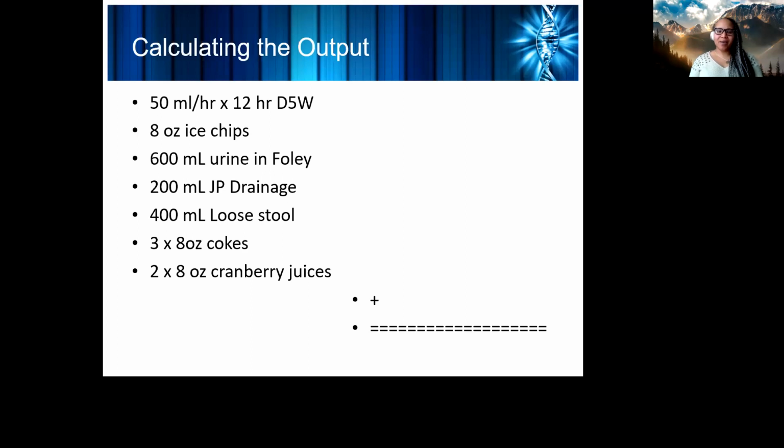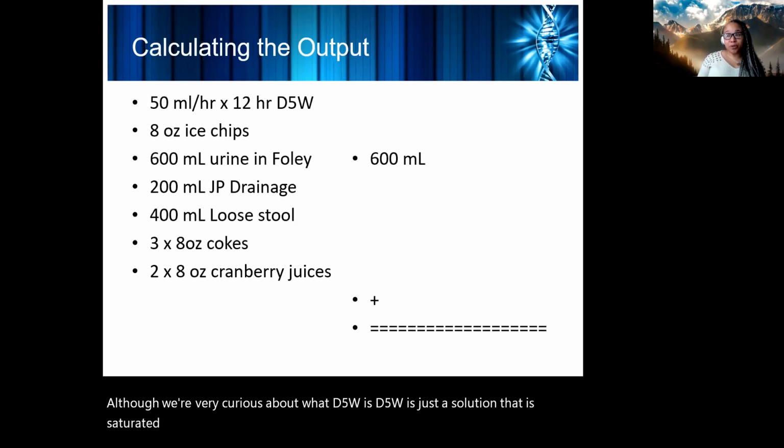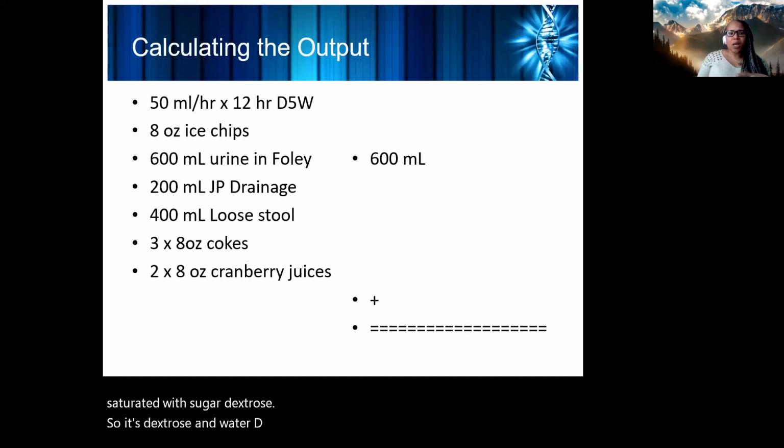All right. Don't let this question fool you guys. Although we're very curious about what D5W is. D5W is a solution that is saturated with sugar, dextrose. Okay, so it's dextrose and water, D5W. Usually it's dextrose 50 and water. It's an IV solution. Yes, Ashley, it's an IV solution.